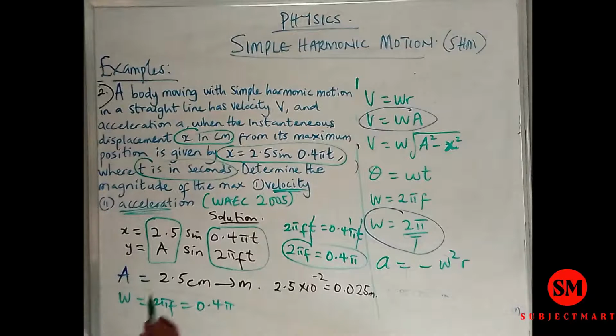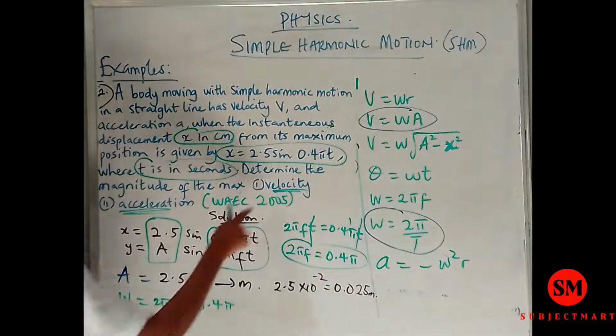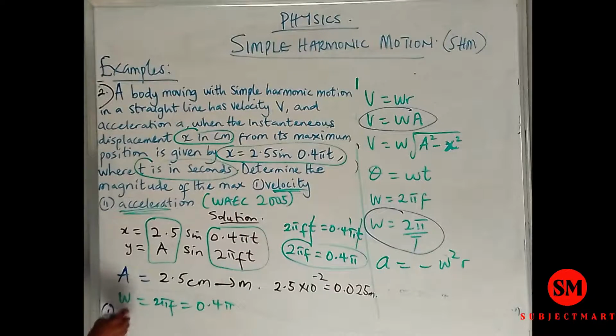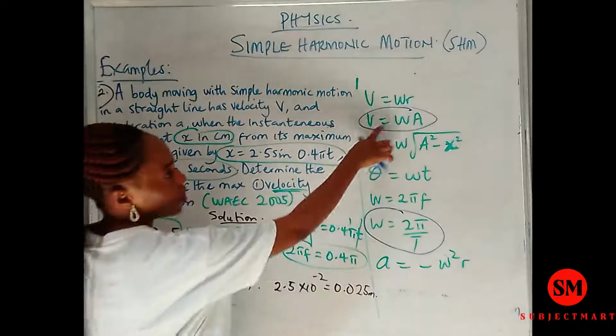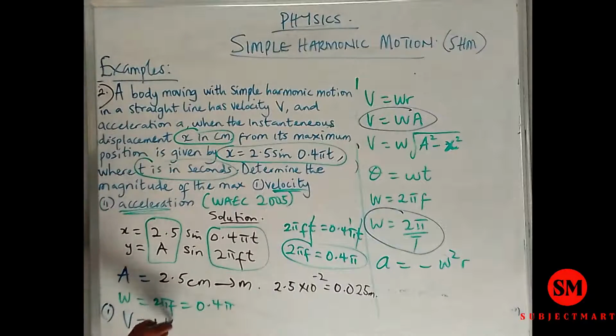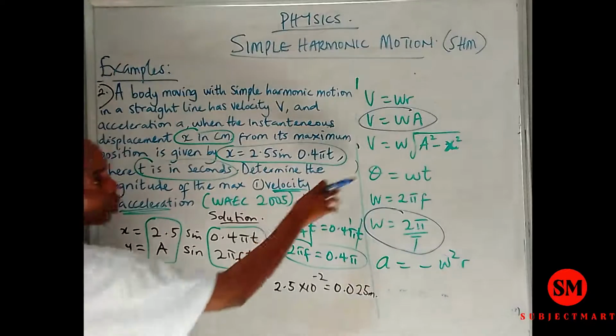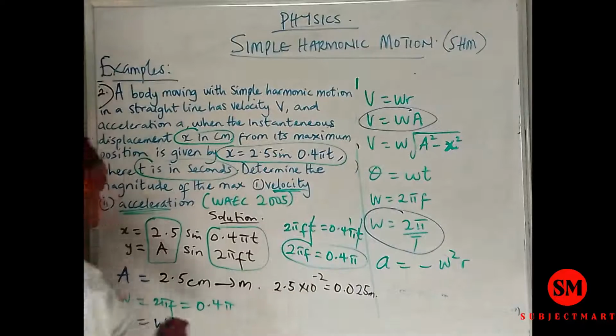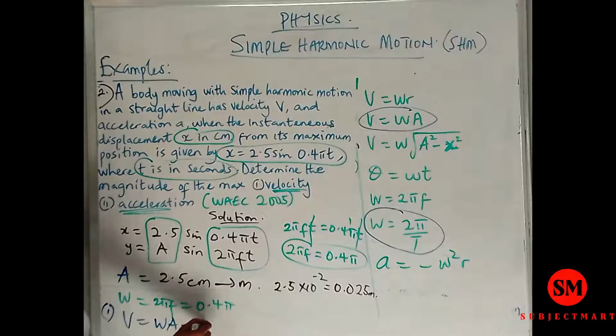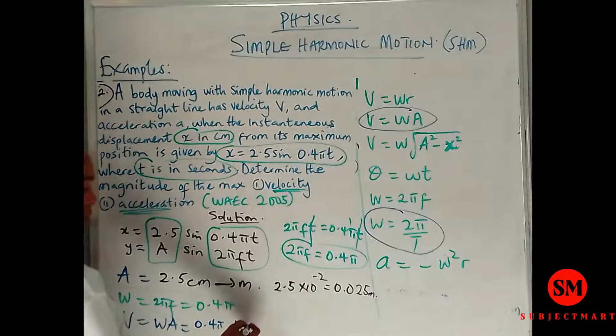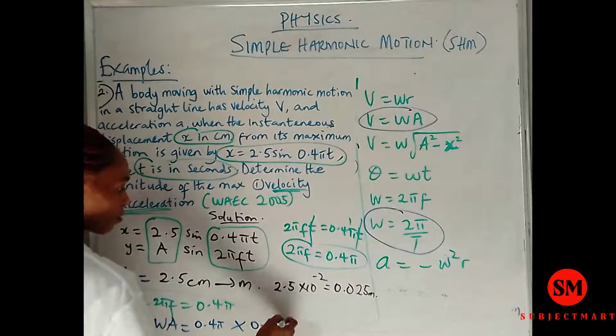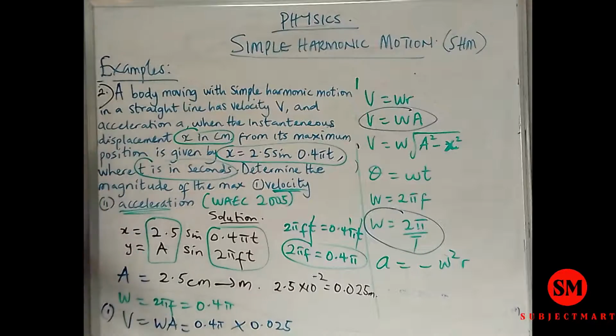So I think from here we have what we need to find the velocity, which is v. Our v is wA. We are using A because we have the amplitude. So w is 0.4 pi times A, 0.025.